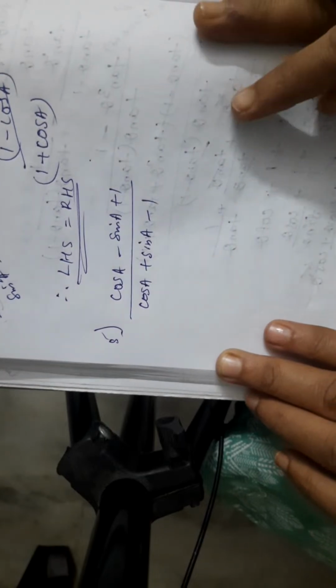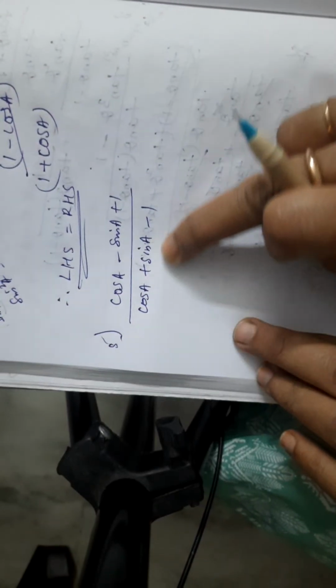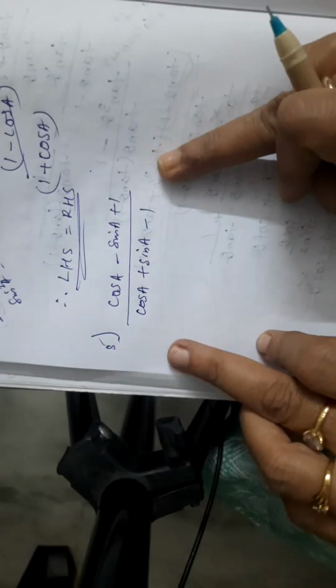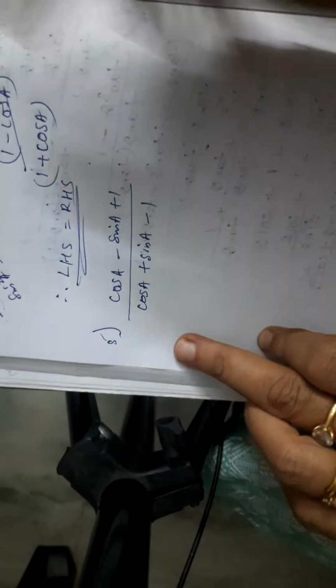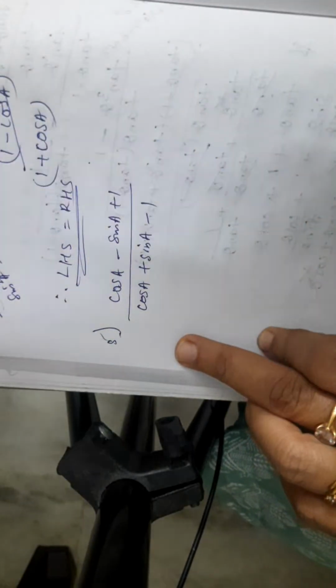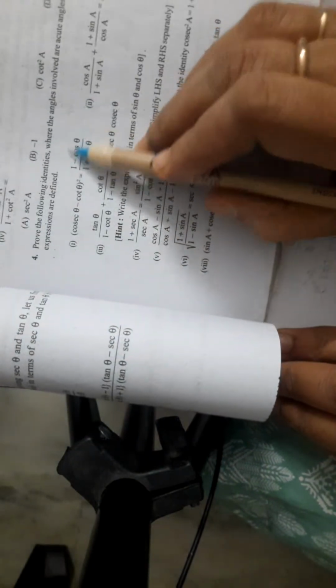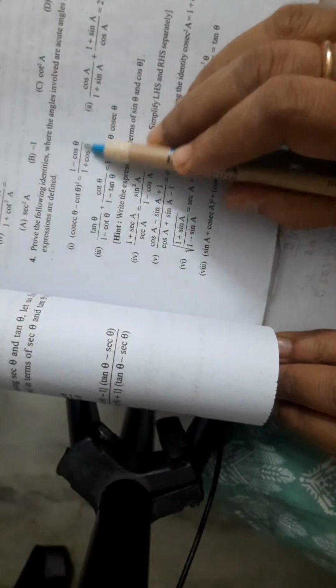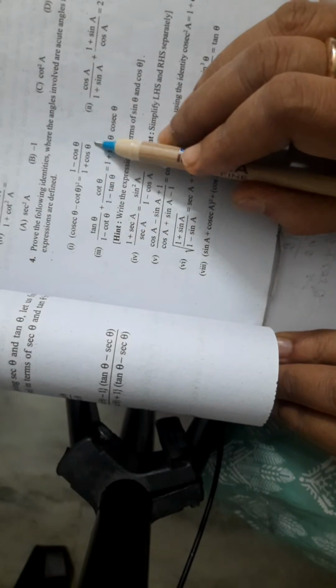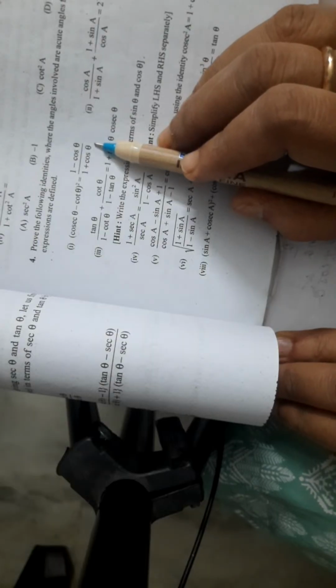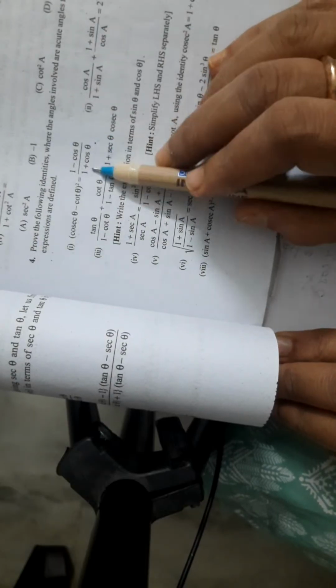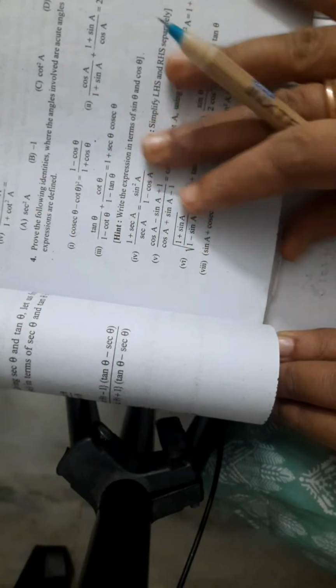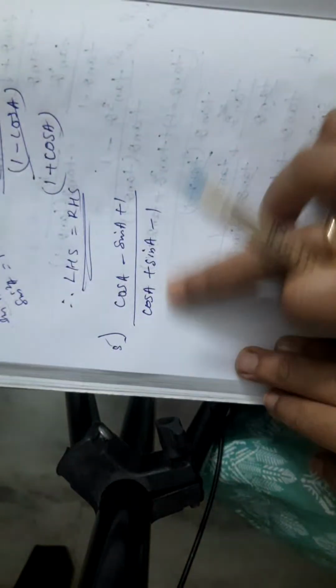Whenever a big, combined term is in the denominator, if you recall your question number 1, it was 1 minus cos A, 1 plus cos A. Whenever there are two terms, for a single term I told you we go for separate division, if two terms are there, we go for rationalization. So here also we will rationalize it in the same way.